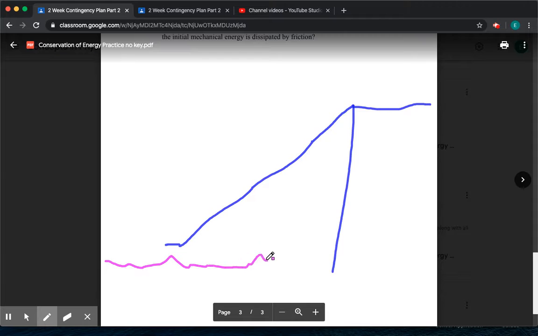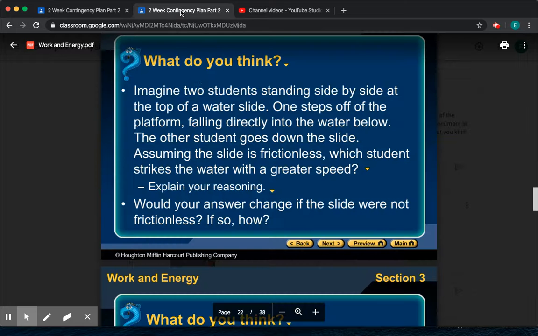And you have two people up here. Someone chooses to take the slide, and the other person chooses to just jump off. Which one's going to hit the water with the greater speed? That's the current situation we're in.